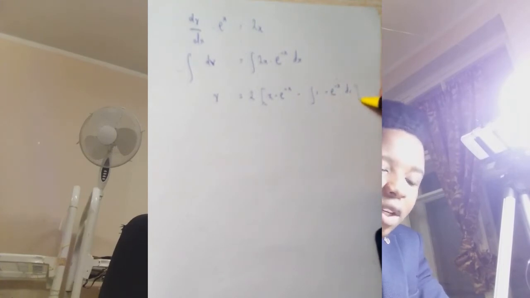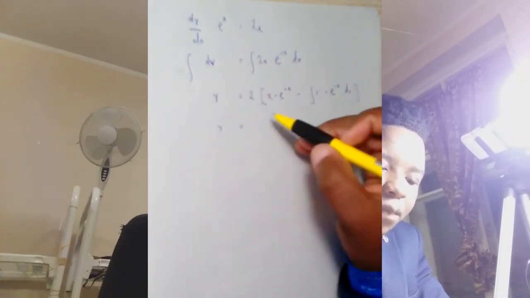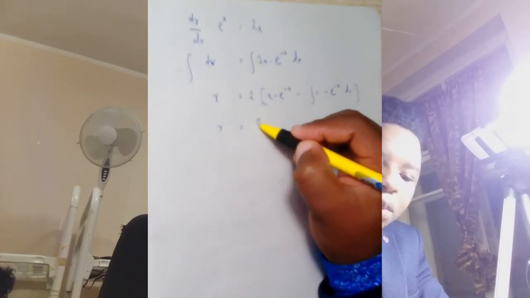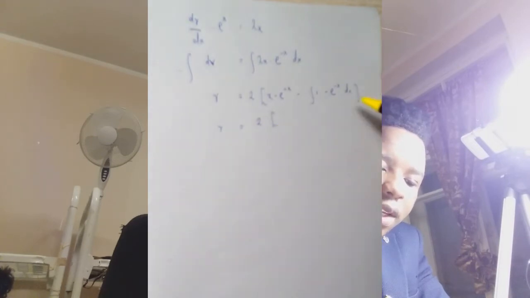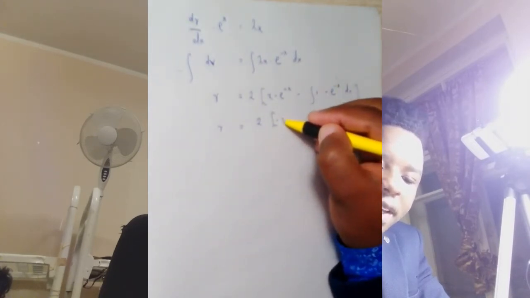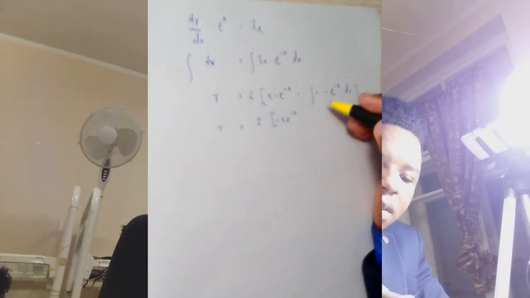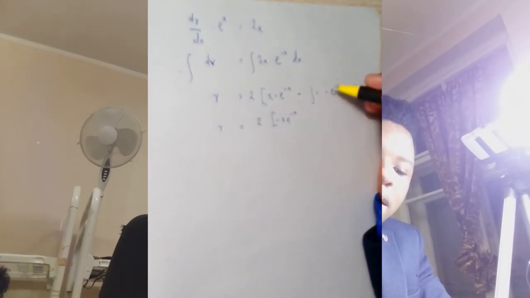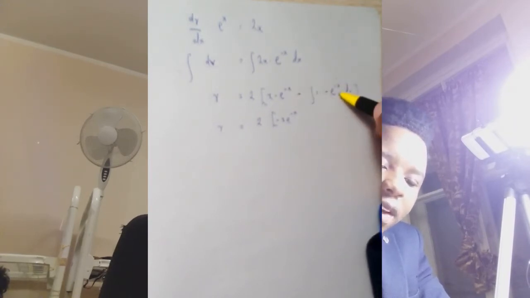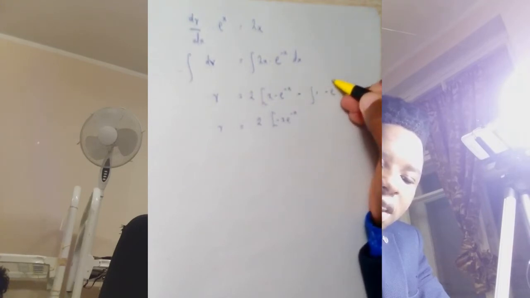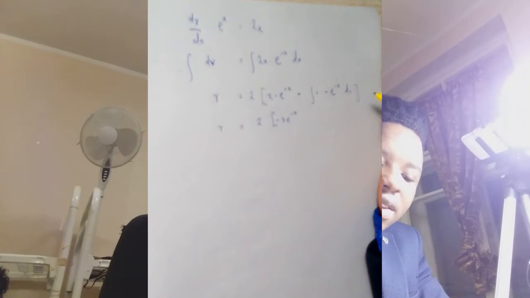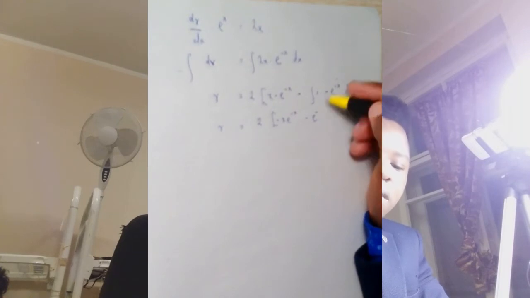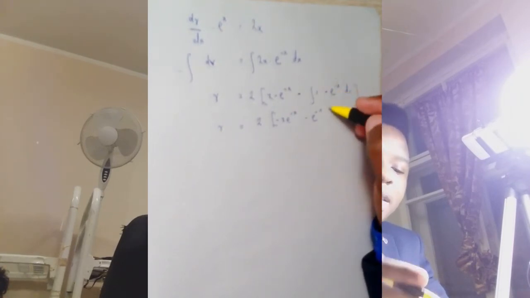Then v is equal to negative x exponent of negative x, then here, if I integrate this, the negative and negative give me a plus, and integrating gives another negative, so negative exponent of negative x, and this is my v.